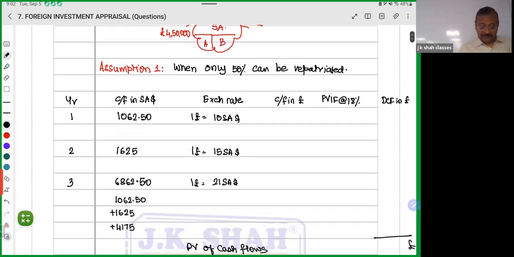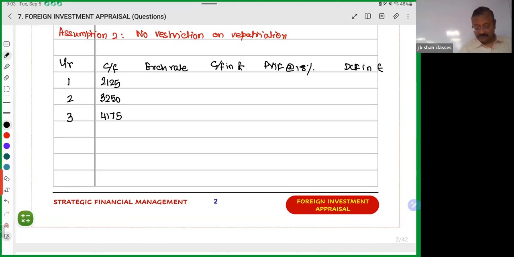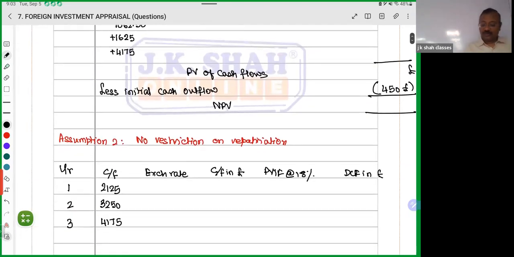Second year 3250. You will apply the exchange rate. You will get the cash flow in pounds. PVIF at 18%. Discounted cash flows in pounds, less initial cash outlay. This will be 450 pounds. And you should get the NPV. Right? So do this both.